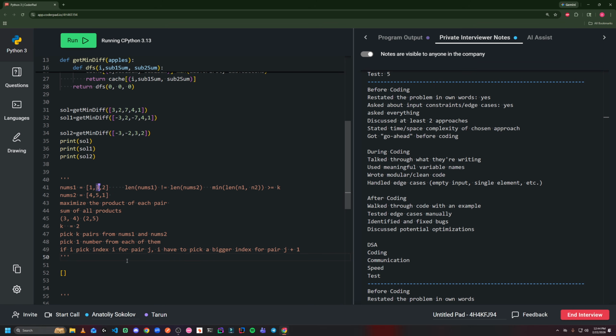For every element in nums1, we are iterating over the entire length of nums2, so it's n squared. But we'd have to try it and then move on to the next number and do some kind of backtracking, right? So that would be n to the power of something, not n squared.